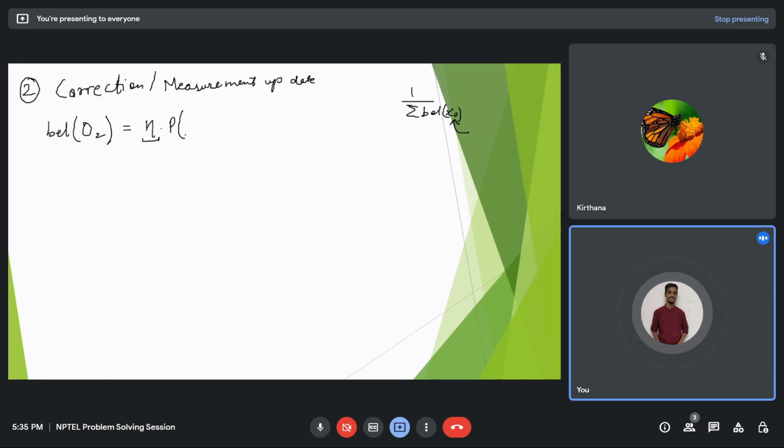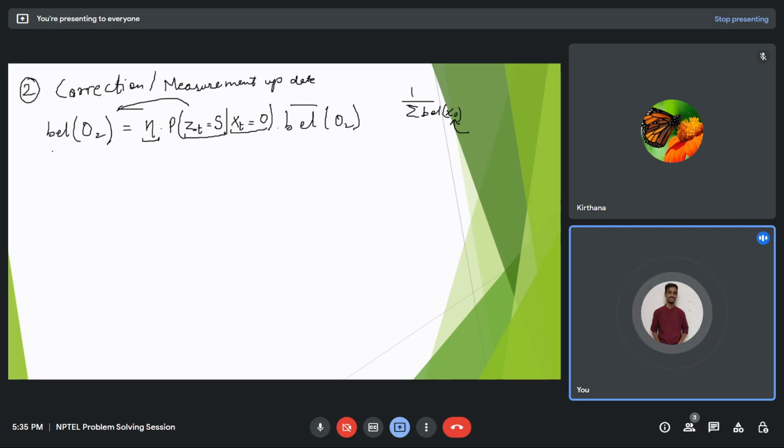Now we take the measurement model: what is the probability that your sensor reports shut when it is actually open? If it was actually open and the sensor had reported it to be shut, this is multiplied by your current prediction that your door is open.